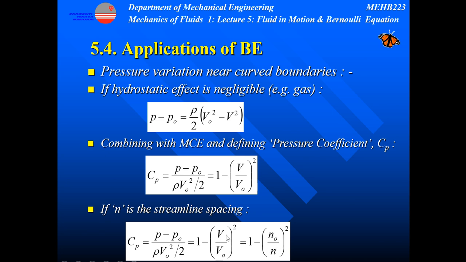And instead of using this, you can also use the streamline spacing, because as I've mentioned in lecture 4, the spacing of the streamline also shows the velocity difference. If the spacing is closer, velocity will be higher.